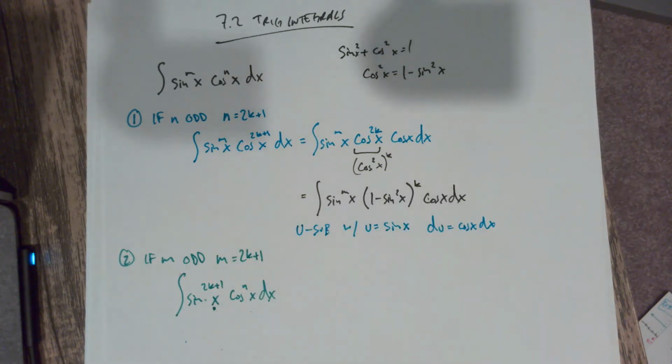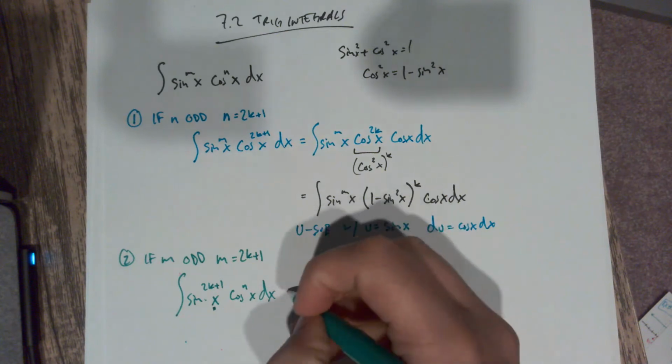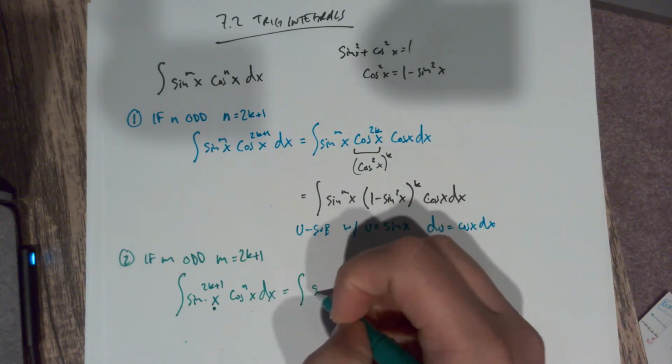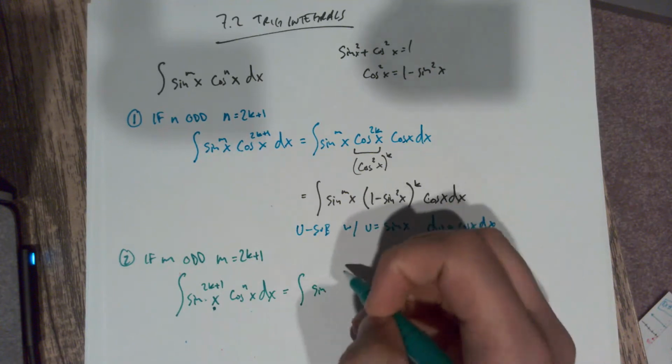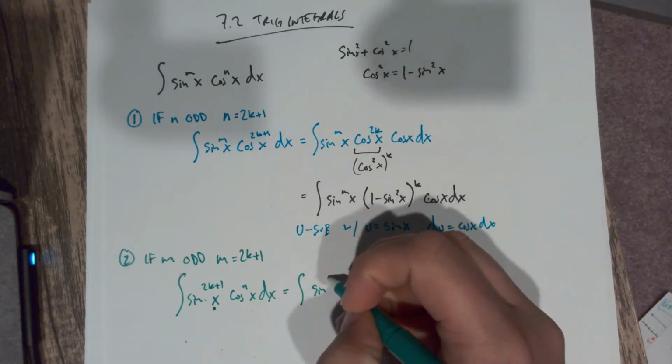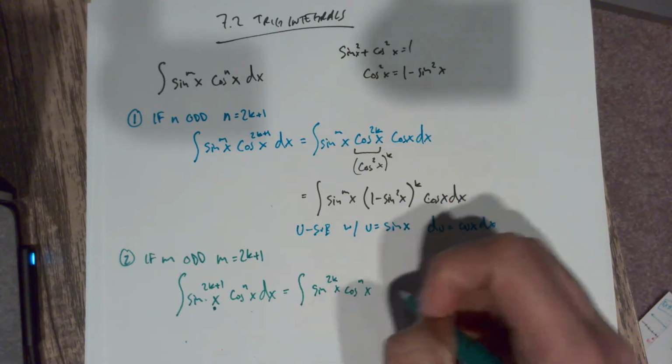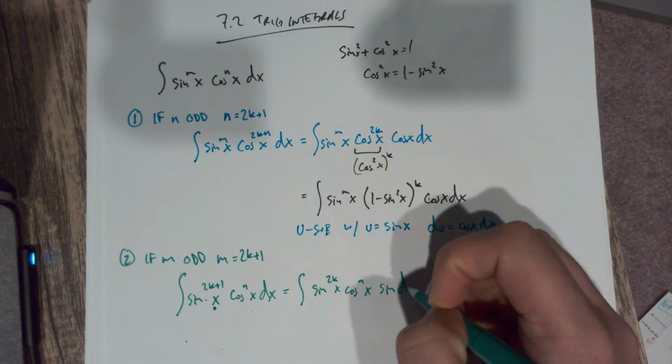In this case, we would be pulling off a sine. It's the same process, just for sine instead. So we have sine to the 2k, cosine to the n, sine of x dx.